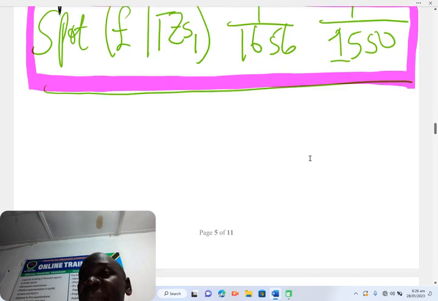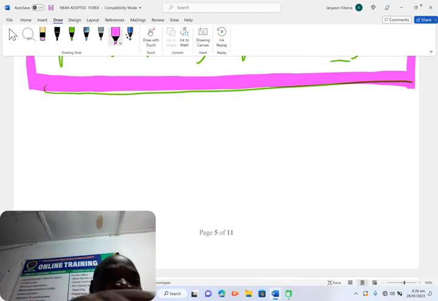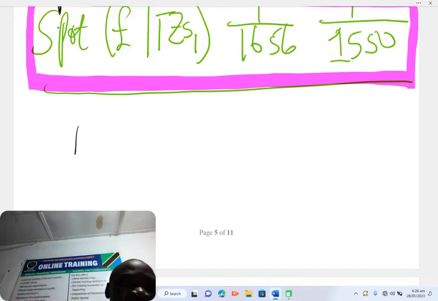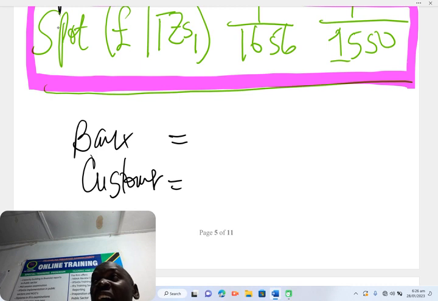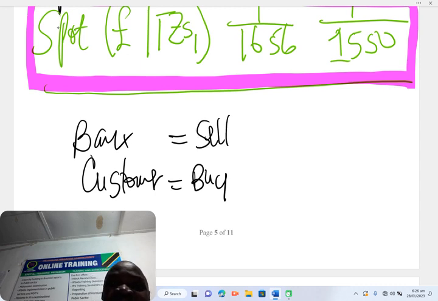Now the next step, we have two people here. Number one, we have the bank. Number two, we have a customer, and for our position here, the customer is Makoe Limited. Am I clear? So Makoe wants to buy. You see, a bank is selling.